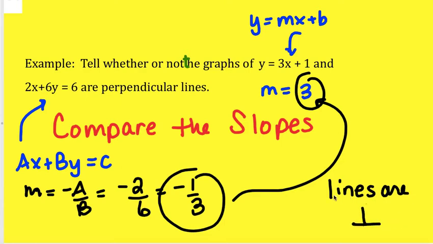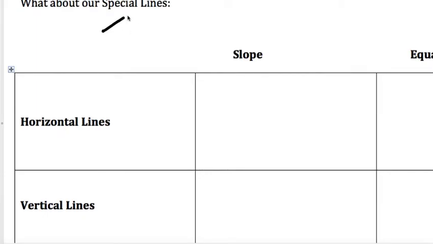Okay, so for parallel lines, we compare the slopes. If the slopes are the same, the lines are parallel. If they're perpendicular, then it's opposite reciprocal slopes. All right, but what the heck do we do with our special lines? Remember, the special lines are horizontal lines and vertical lines.